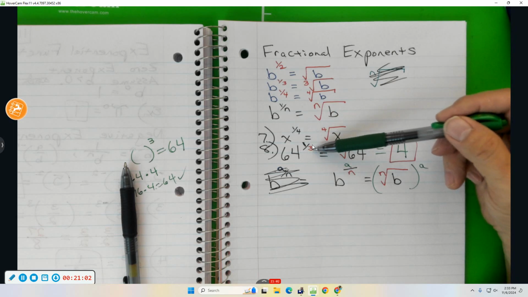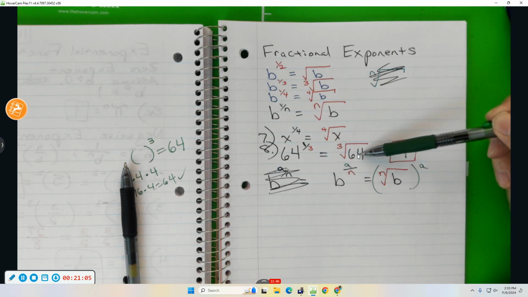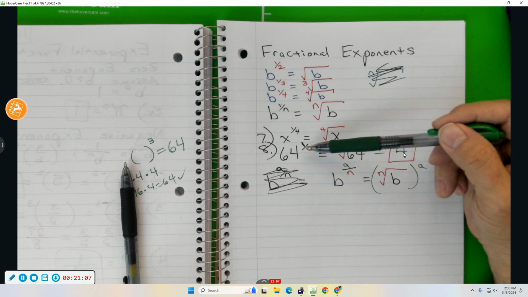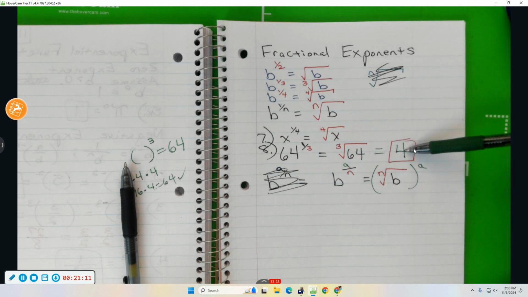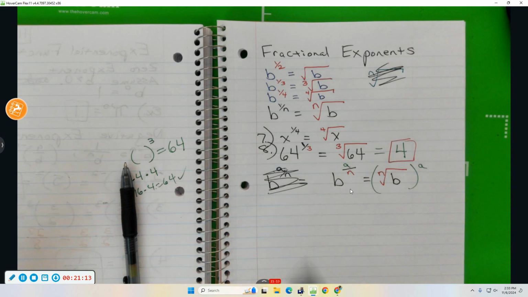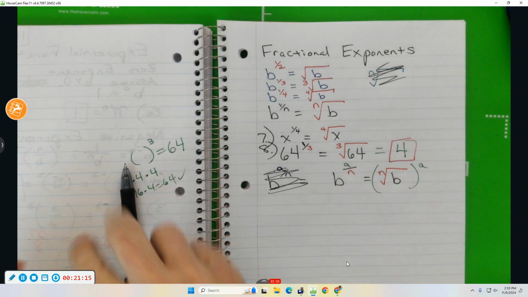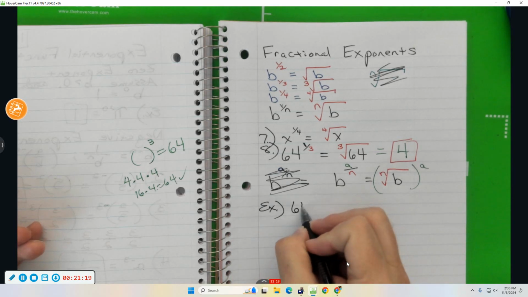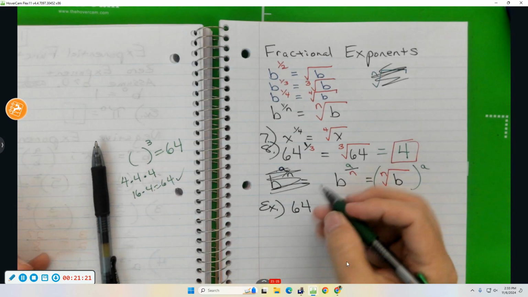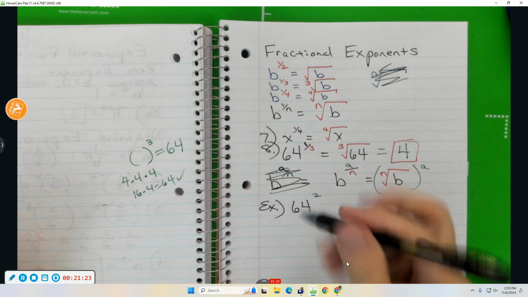The way this is saying, it says the cube root of 64 is 4, and then you raise it to the first power. 4 to the first stays a 4. Suppose instead they had asked us to find this. Suppose we had needed to evaluate 64 to the 2/3 power.